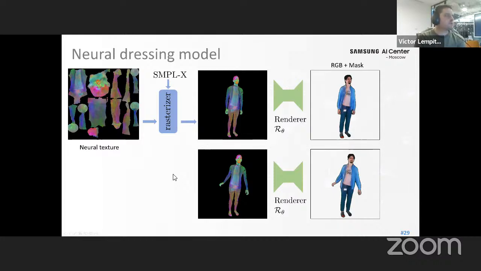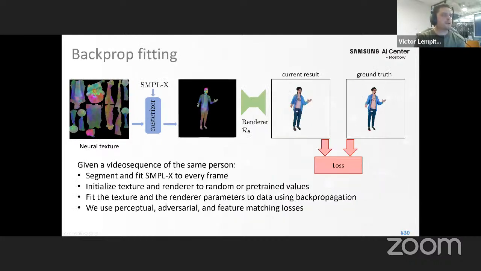And as in deferred neural rendering, we can fit it, for example, to segmented videos of the person, by minimizing some reconstruction loss when we compare the prediction of the model and the ground truth frames. For those ground truth frames, we have fitted SMPL-X meshes, and our model should give us the same result as in the ground truth. We get the mismatch, and that's our loss.